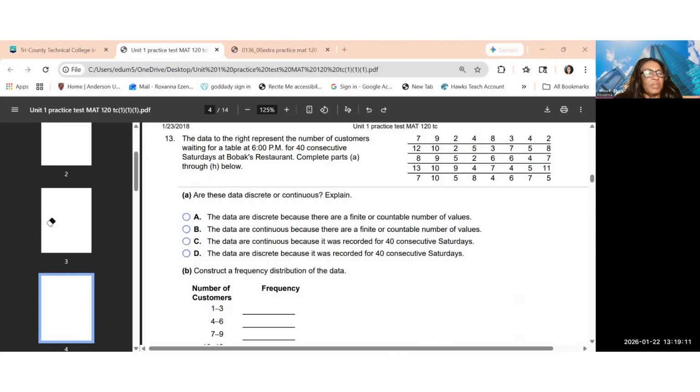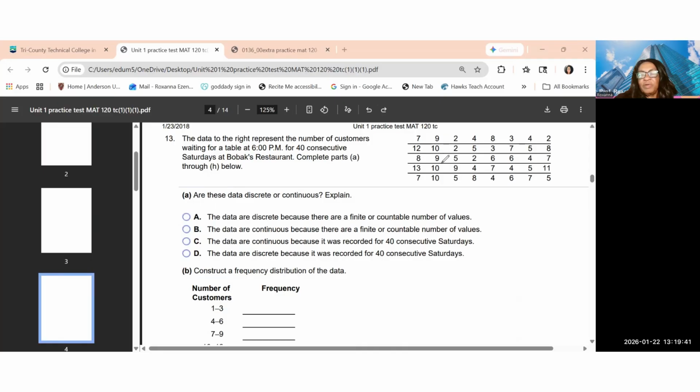All right, so the frequency distribution. From 1 to 3, we're looking for numbers from 1 to 3. Look at the first column. There is no number 1 to 3 here. Let's look at the second column. There is no number 1 to 3 here.